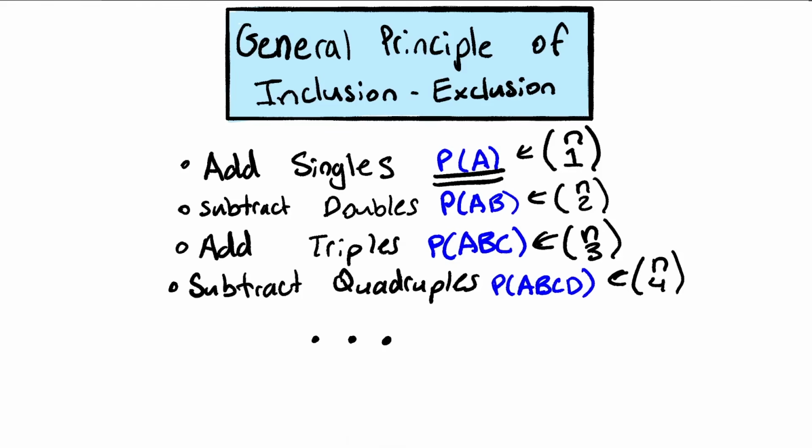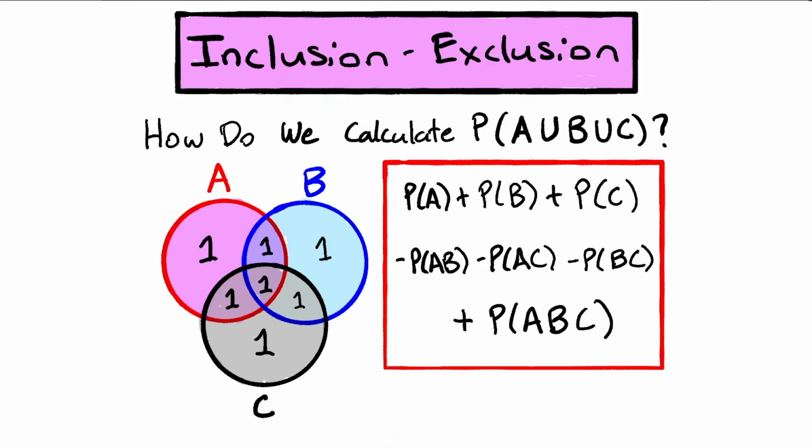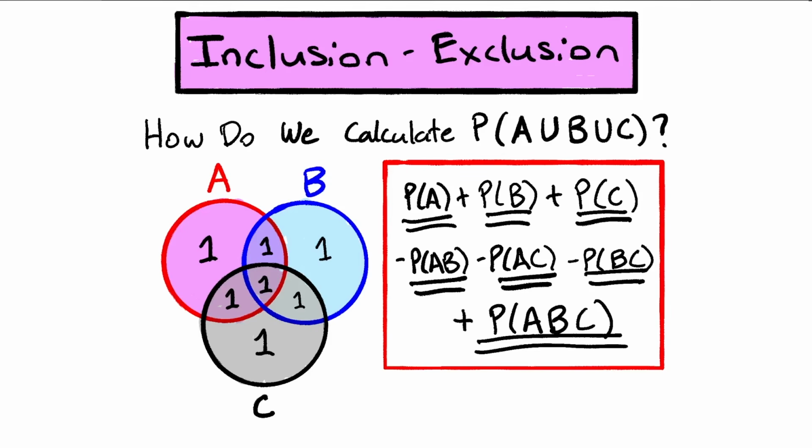So the main pattern is as follows. You keep increasing the size of the intersection of these sets. So it'll go singles, doubles, triples, quadruples, and so on. And then each time you alternate between adding and subtracting. So for example, if we look back at our union of 3 events, we added all the singles, then we subtracted all the possible doubles, and we added back all the possible triples.